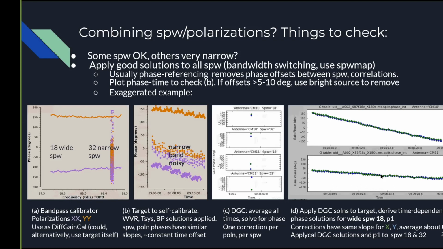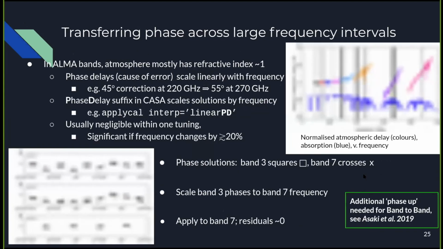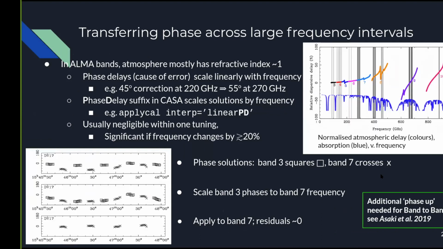And this is again something which you will come across, for example, if you are observing a spectral scan, so that you have data taken at everything from, for example, 220 gigahertz up to 270 gigahertz.